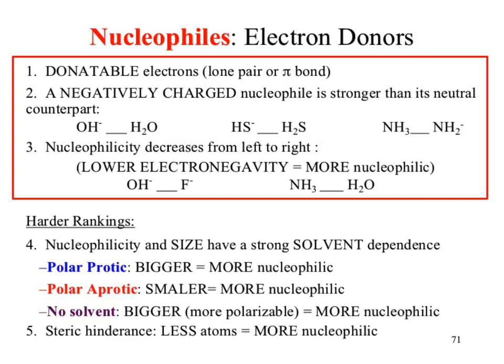Okay? Nucleophilicity decreases from left to right. Okay? We're now looking at left to right, which is really a way of looking at electronegativity. This gets a bit weird. Why would this get a bit weird? Because according to our rules for stability, we start with charge, and then we move to size. Left to right, what happens to size? Nothing. Okay? Size really has no effect left to right.